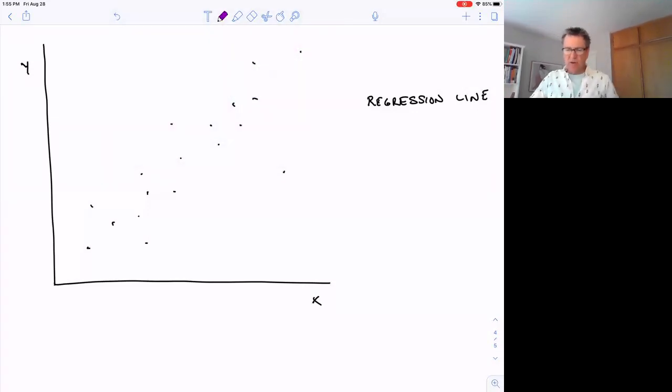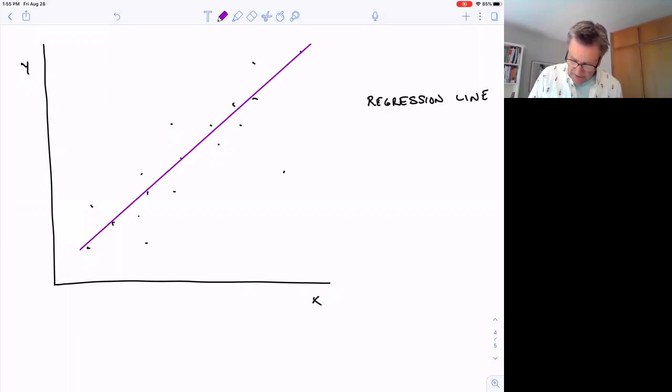And without getting into exactly how that's done, there's algorithms for computing it. We can have the computer do it pretty quickly. And it'll draw us some sort of best fit line that will approximate the data.